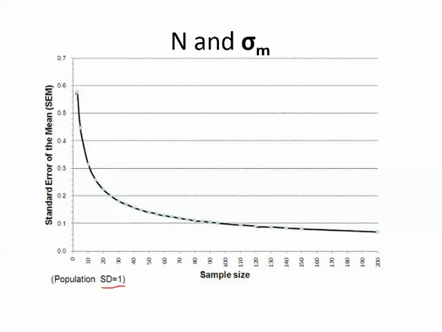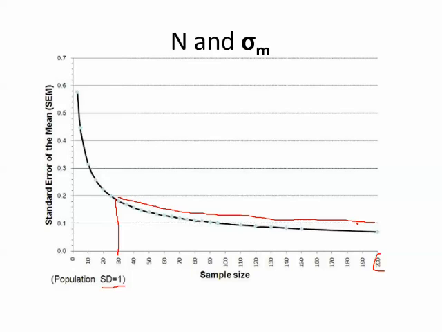Notice really quickly, as we start increasing, going up to about 30, we have a rapid decrease in the amount of error around the mean we'd expect to find, the standard error of our sample means. As you go down, notice how it's tapering off. It doesn't have as much of an effect. We have almost 200 here, and we're barely even seeing a full tenth of a point decrease in the standard error.